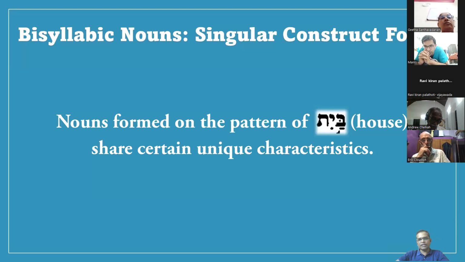In that case, you see that it becomes Beit. So that's why when we say house of David or house of God, we say Beth El, not Ba'it El. Ba'it is the absolute state. Beth is the construct state. Beth El, Beth Lehem, right?